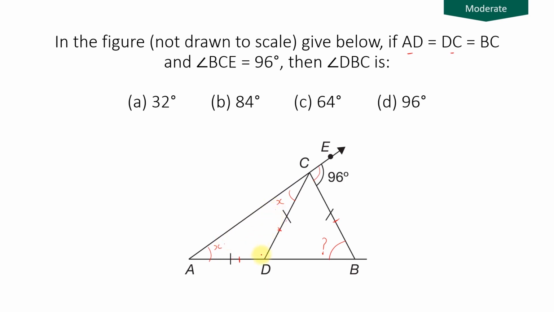If this is X and this is X, this is going to be 180 degrees minus 2X. If this is 180 degrees minus 2X, the remaining angle on point D is going to be 180 degrees minus 180 degrees minus 2X. So this is going to be 2X.